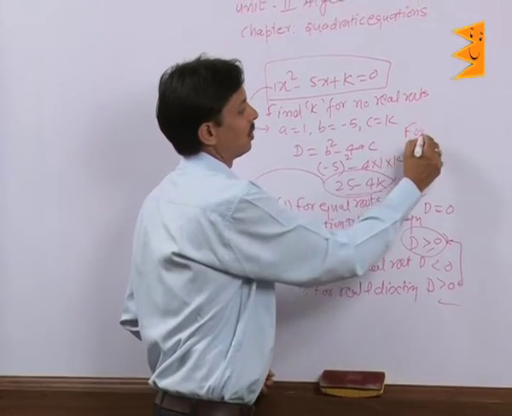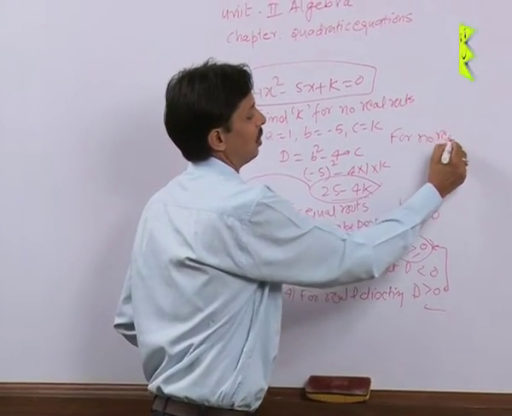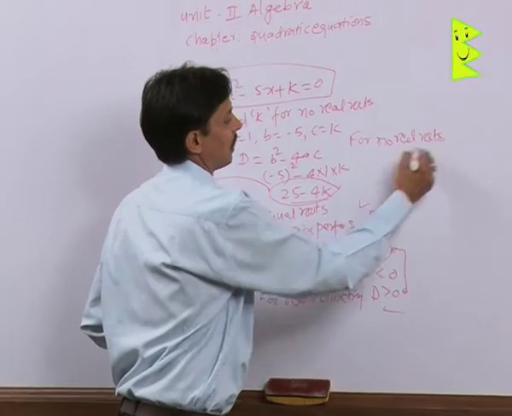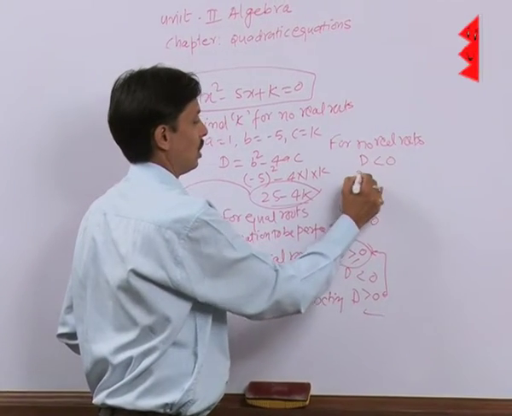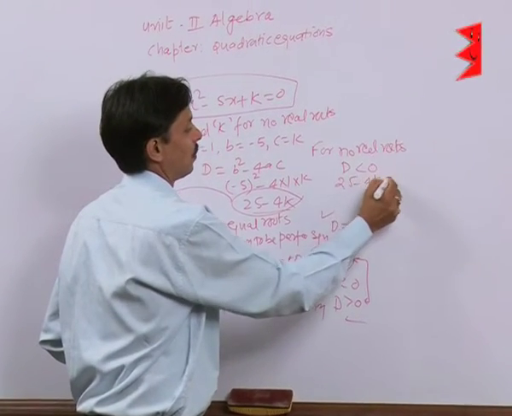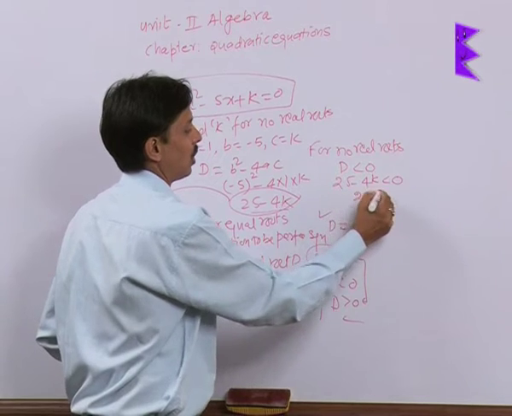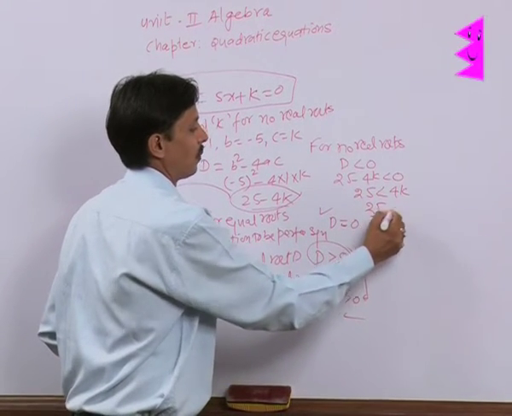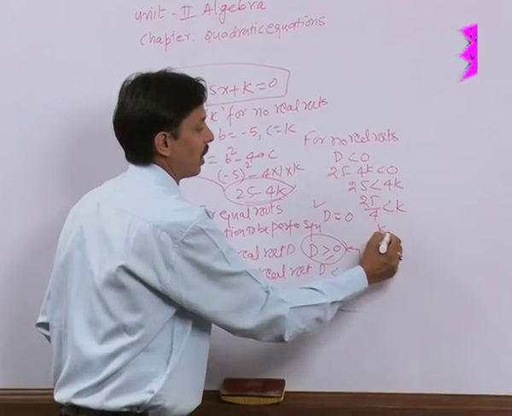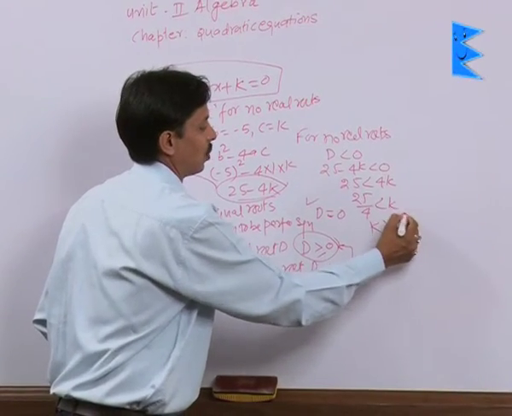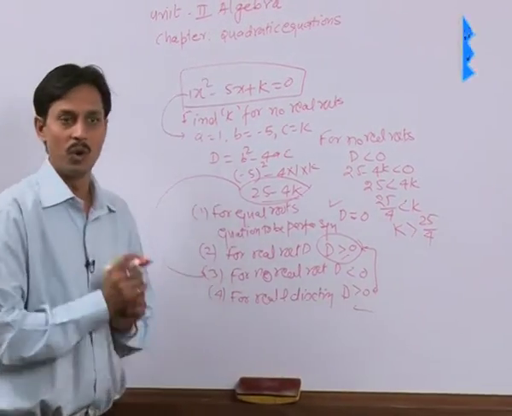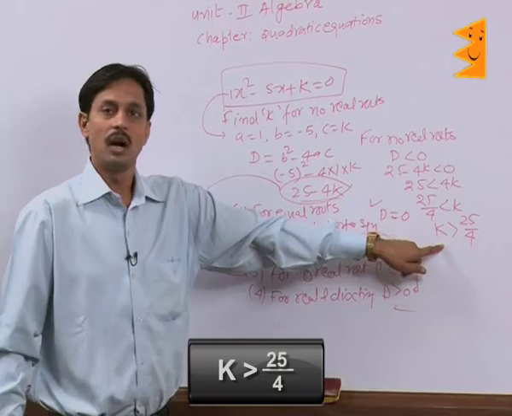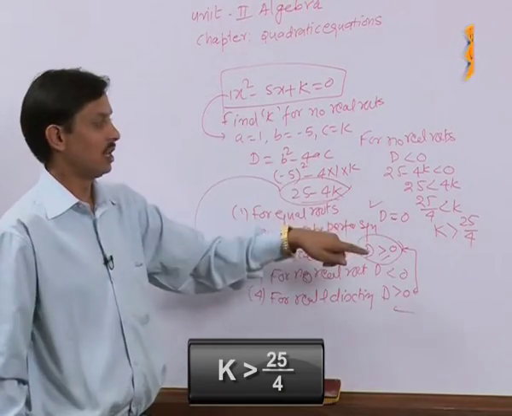For no real roots, D is less than 0, that is 25 minus 4k is less than 0, 25 is less than 4k, so 25 upon 4 is less than k, or you can write k is greater than 25 upon 4. So this is the answer of this question.